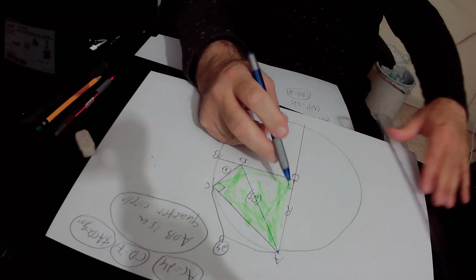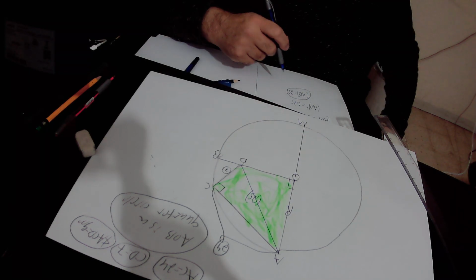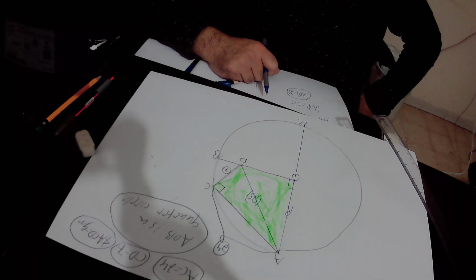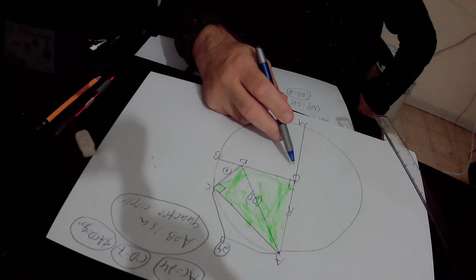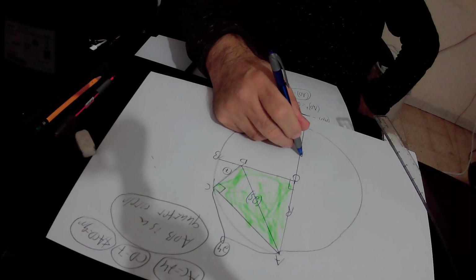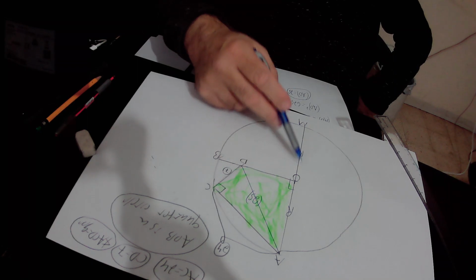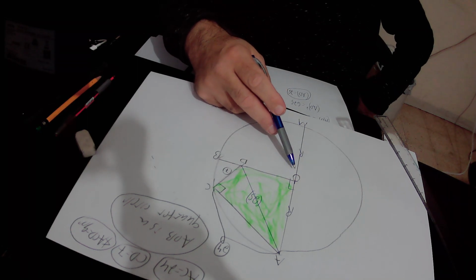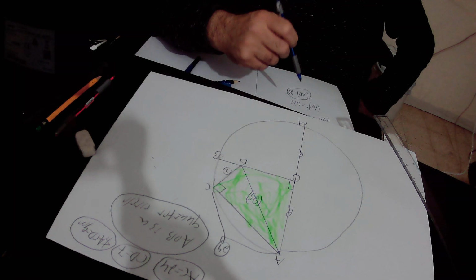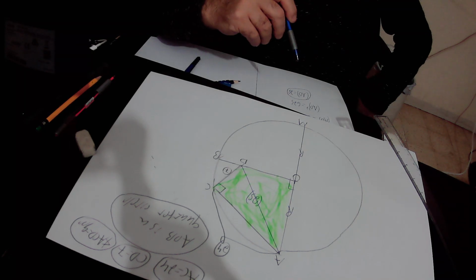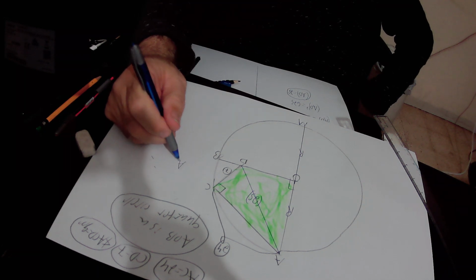We define the touching point of the extended radius AO and the circle as M. Point O is the center of the circle, point M is a point of the circle itself, therefore OM is the radius of the circle, that equals R. So we have chord AM that passes through the center of the circle, that is to say, it passes through point O. Any chord that passes through the center of the circle must be the diameter of this circle, and therefore AM is the diameter of the circle.